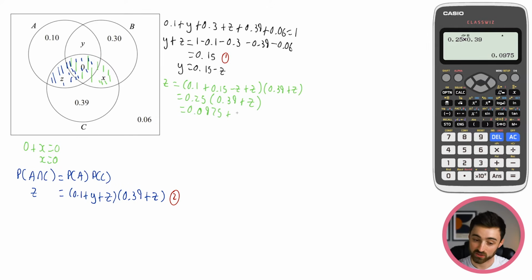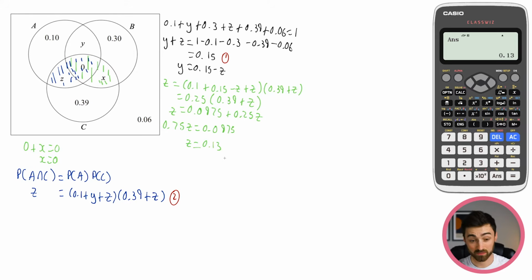And then plus 0.25z. And then I've still got a z chilling here, haven't I? Take away 0.25z to leave me with 0.75z equals this grim number here. And divide by 0.75 to get 13 over 100 or 0.13.